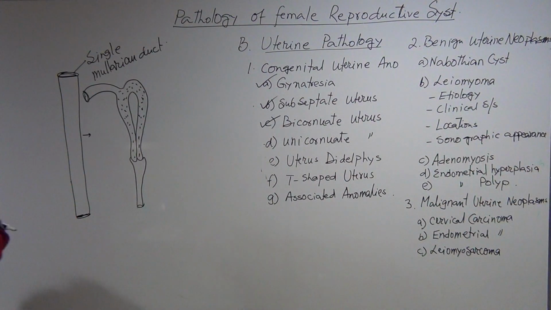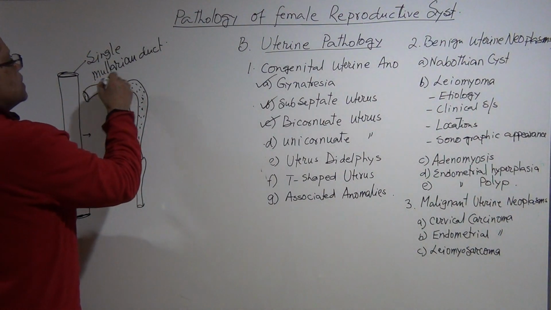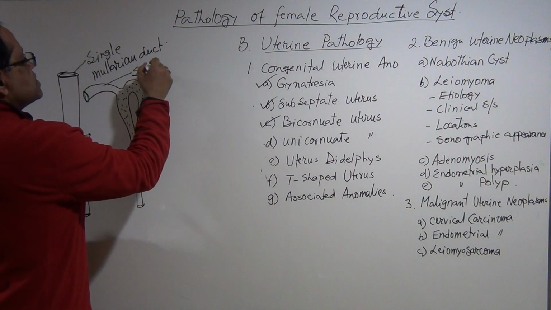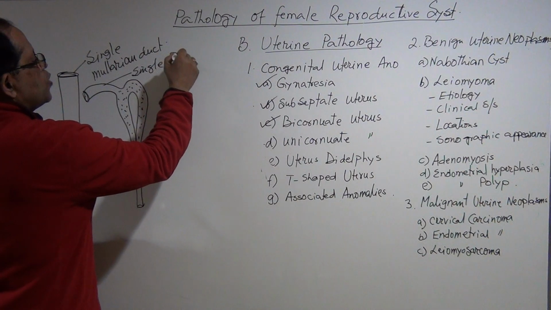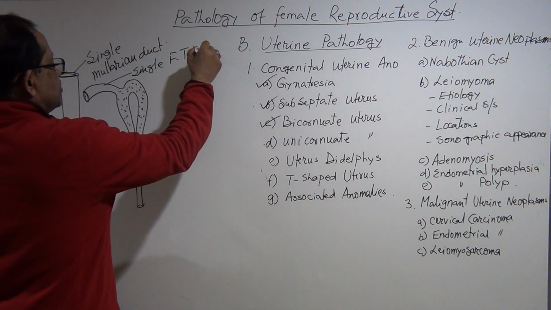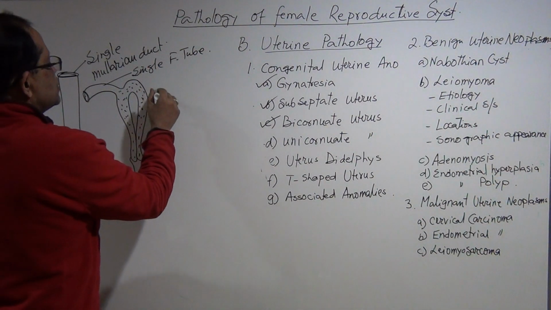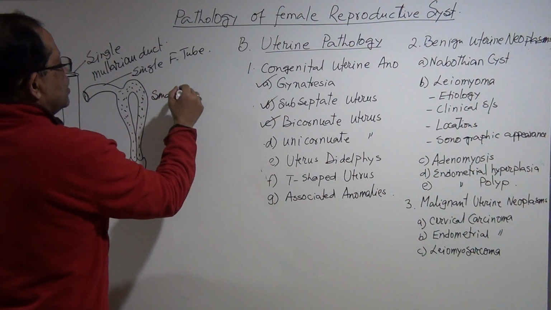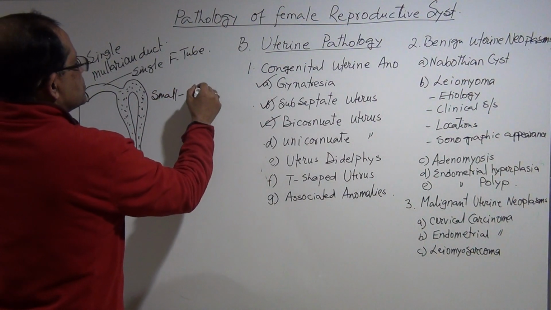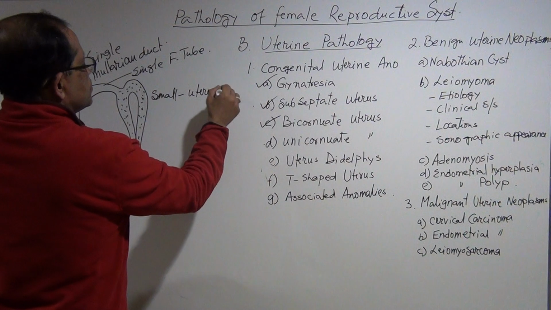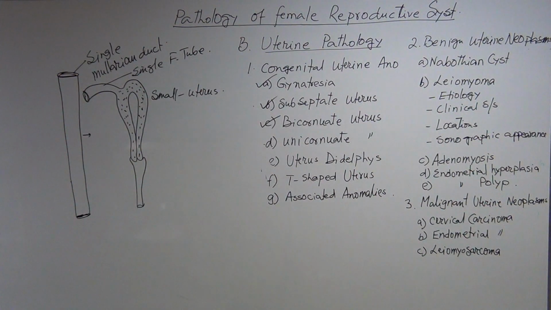And this is a single fallopian tube and a small uterus.